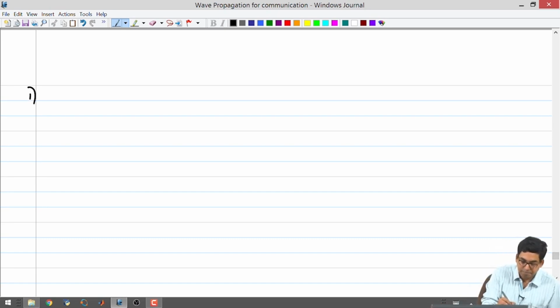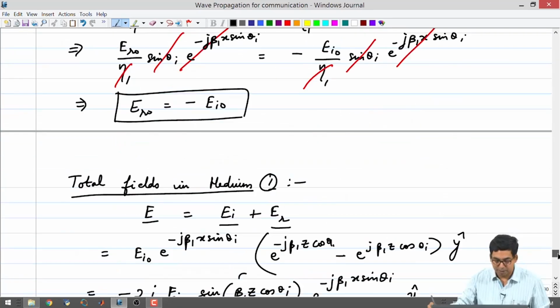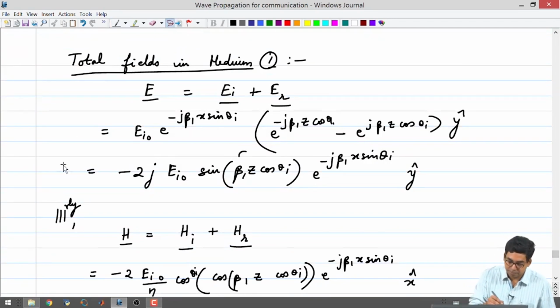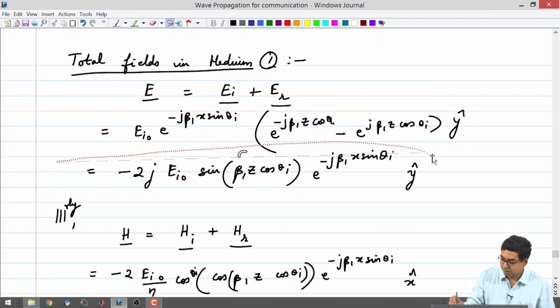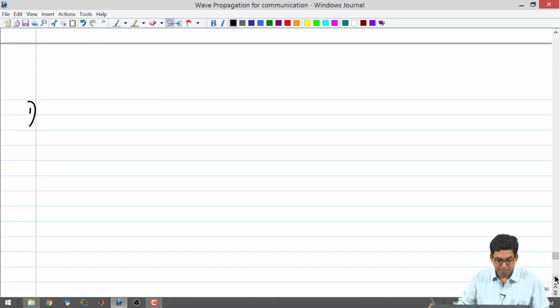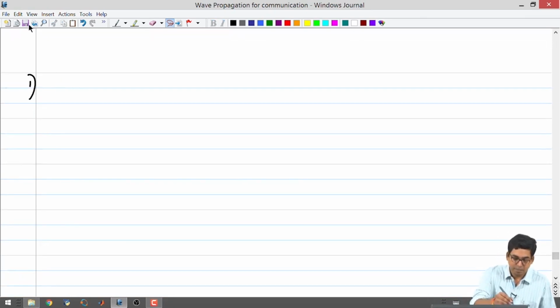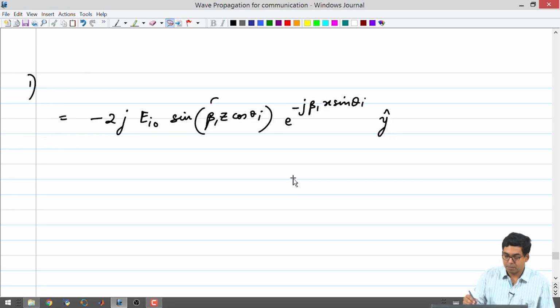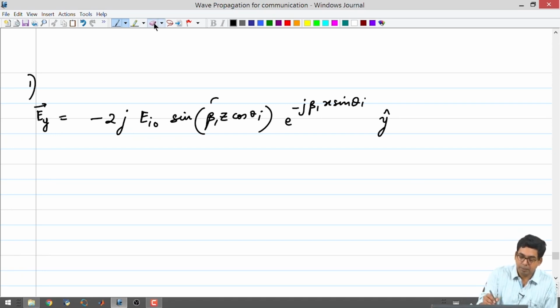I am going to start by writing down the expression for the total electric field from the prior class, the electric field in the y direction, using the usual notation.